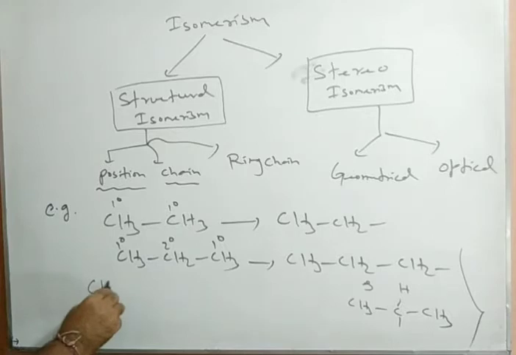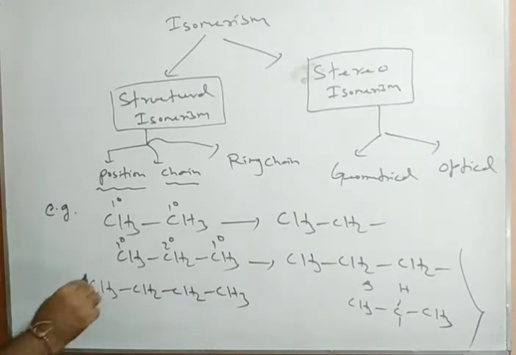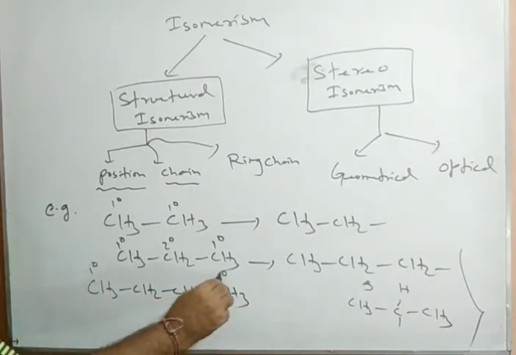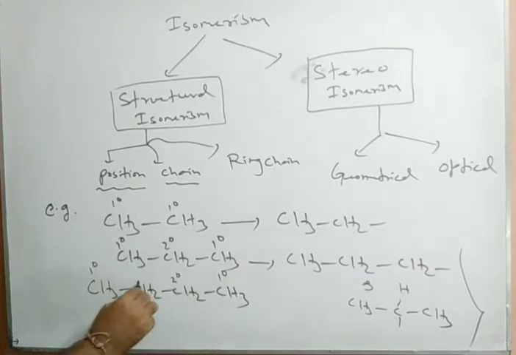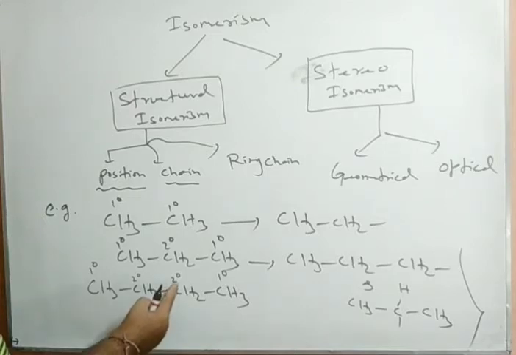Similarly, if butane is given, here this carbon is 1 degree, 1 degree, this carbon is 2 degree, again this is 2 degree. Both 2 degree carbon atoms are linked with 1 degree hydrogen. So this 2 degree and this 2 degree both are similar.